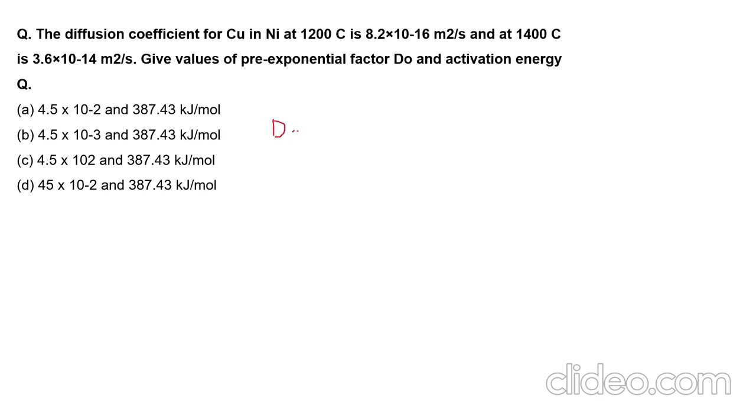So first, writing the formula: the diffusion coefficient D is equal to D naught, which we have to find, the pre-exponential factor, times exponential of minus Q by RT, where R is the gas constant. So you can write two equations for the two temperatures, 1200 and 1400, and then you can equate them to find D naught and activation energy, just as we did for that question.